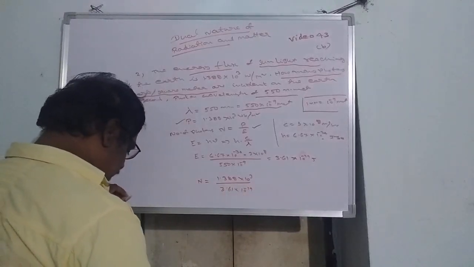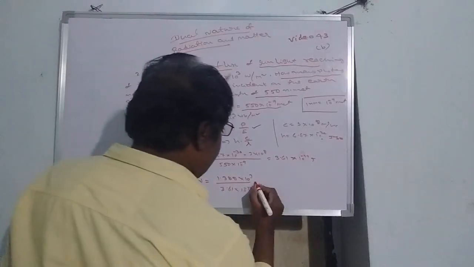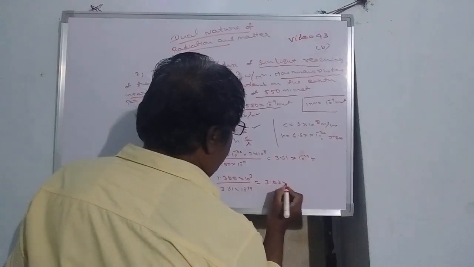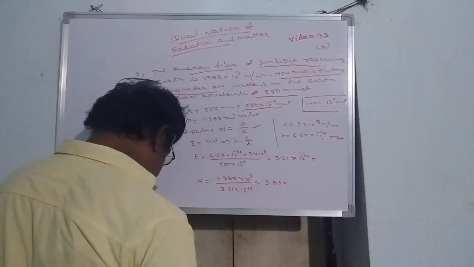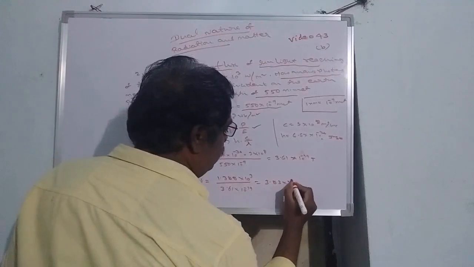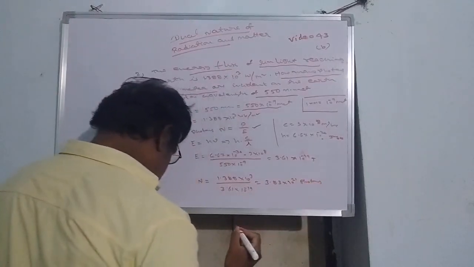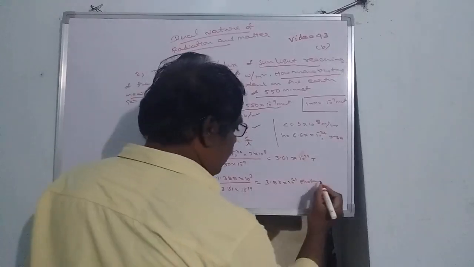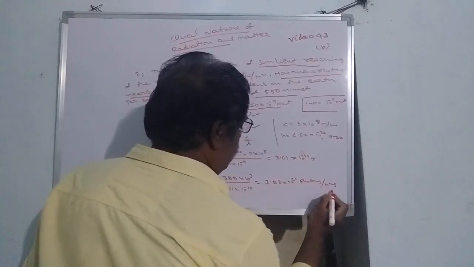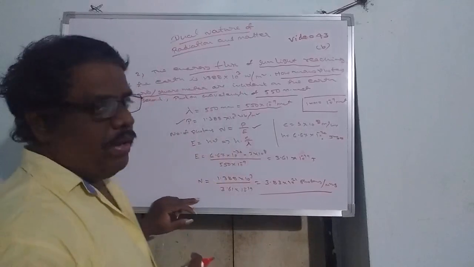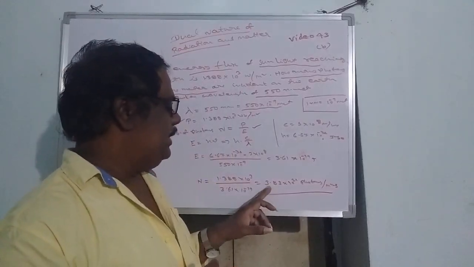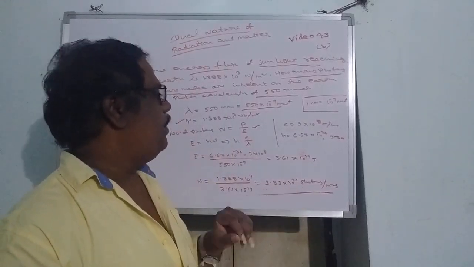On solving this, we get 3.83 into 10 power 21 photons per square meter. So this is the answer. The number of photons incident on the Earth surface is 3.83 into 10 to the power of 21.